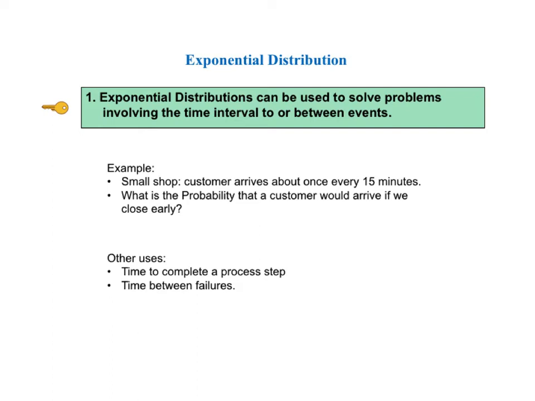What is the probability that a new customer would arrive after we left, but before our normal closing time? The exponential distribution can help us calculate the probability of a customer arriving in that 10-minute time interval. Similar uses include time to complete a process step and time between equipment failures.